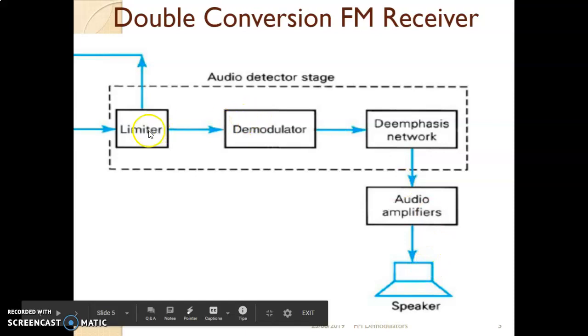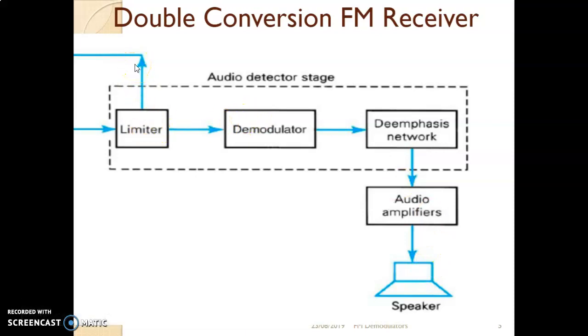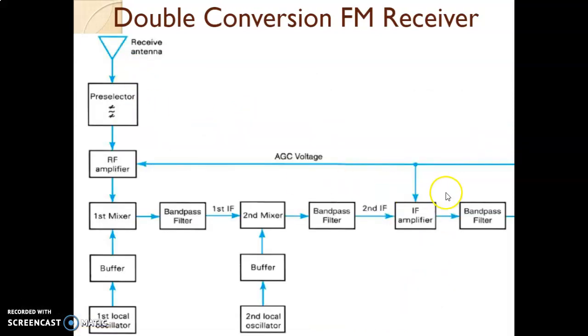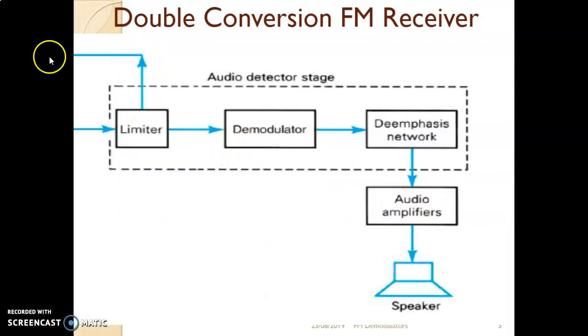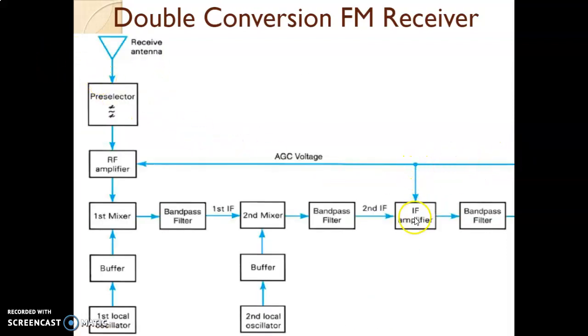Now you can see here the limiter stage is providing the AGC voltage to the IF and RF amplifier. We have discussed AGC in a separate video: AGC is used to compensate for weak signals and to adjust the gain of the RF and IF amplifier when signals are received.